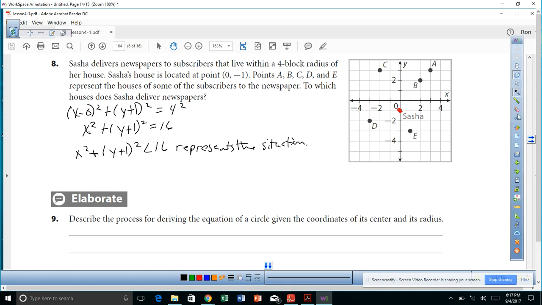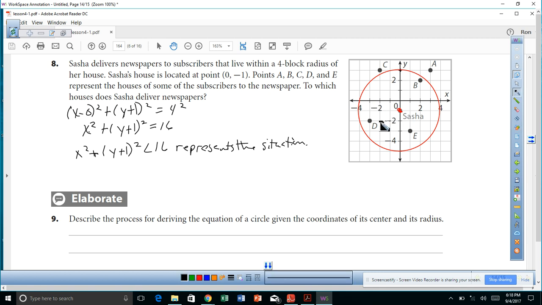So let's see here. Let's draw. And we got 4, right? 1, 2, 3, 4. So there it is right there. And let's draw our circle. And there we go.